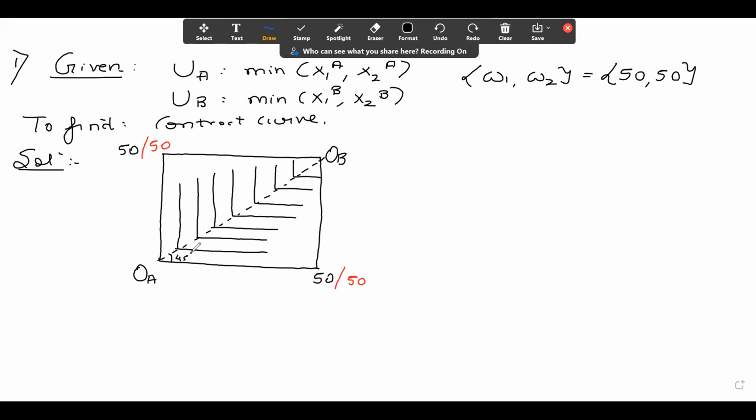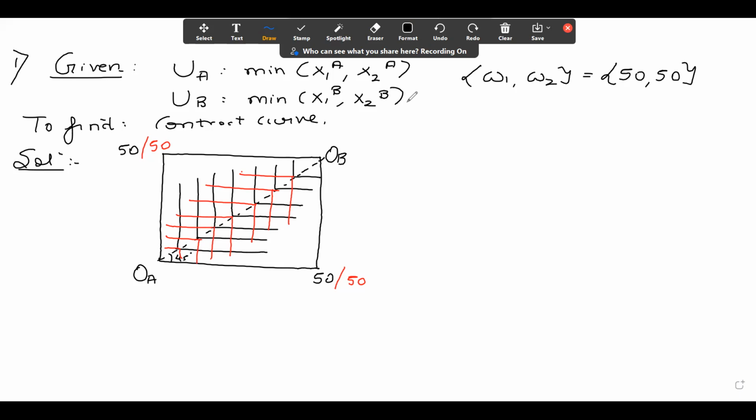If you look at B's ICs, I am drawing them in red color. So starting from B's origin, they are going to look like this. When you turn your pages around to B's origin, and when you draw the ICs from B's origin, they are going to look somewhat like this. Okay, so now our objective is to find out the set of Pareto efficient allocations.